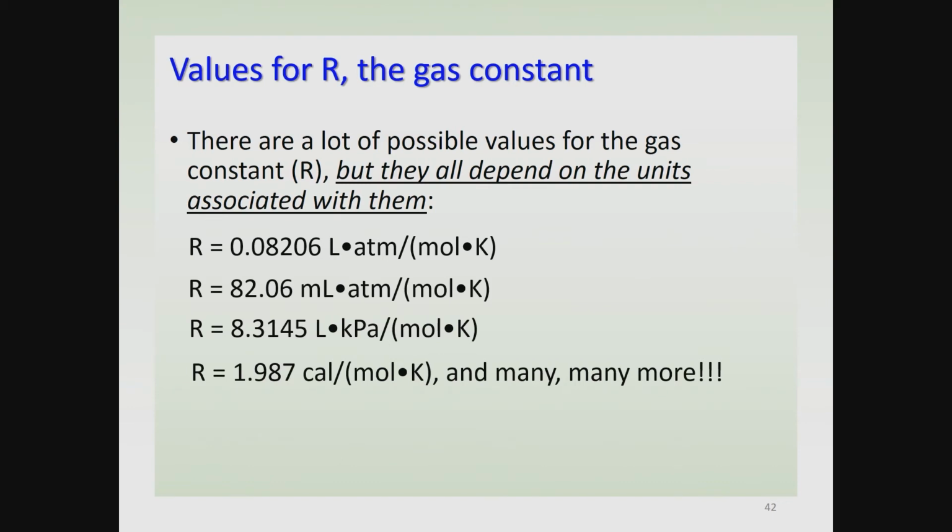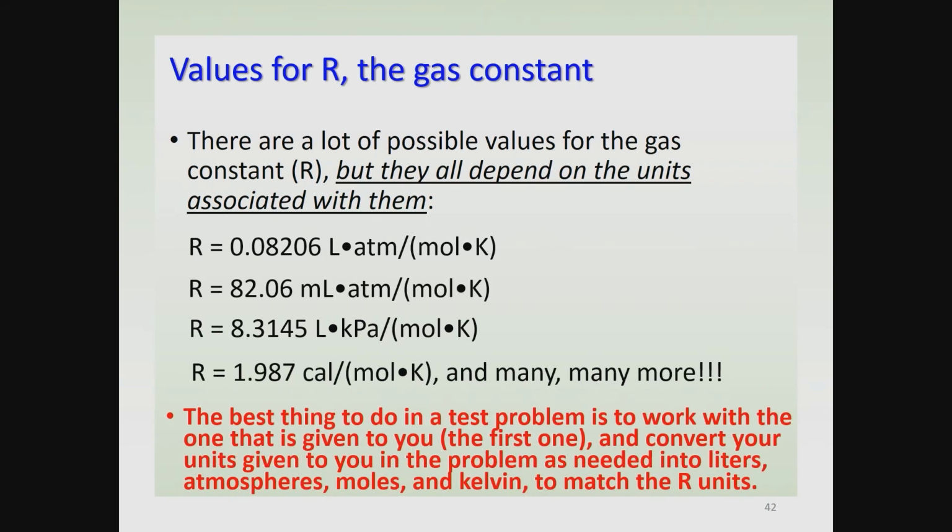And so there are all these different values of R depending on what the units are for the properties of the gas. The best way to deal with that in a problem is probably to just use this first value of R, which will be given to you on a test, which is 0.08206 liters atmospheres over moles degrees Kelvin are the units for the constant.